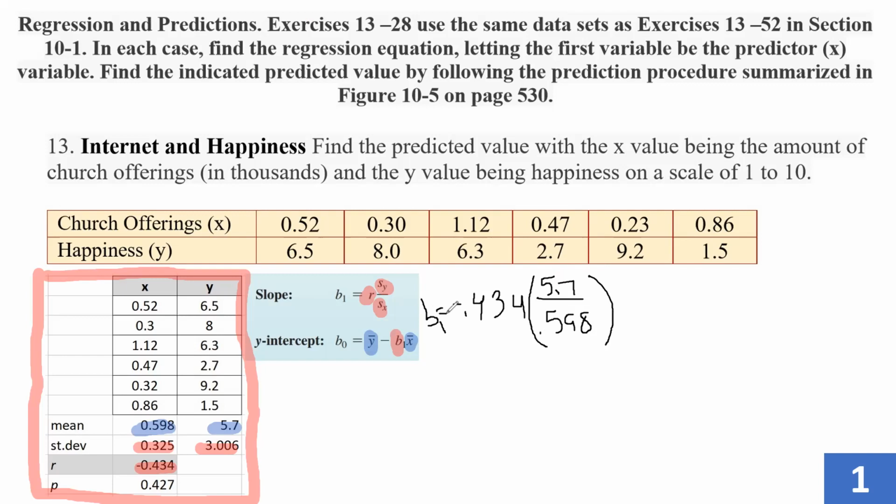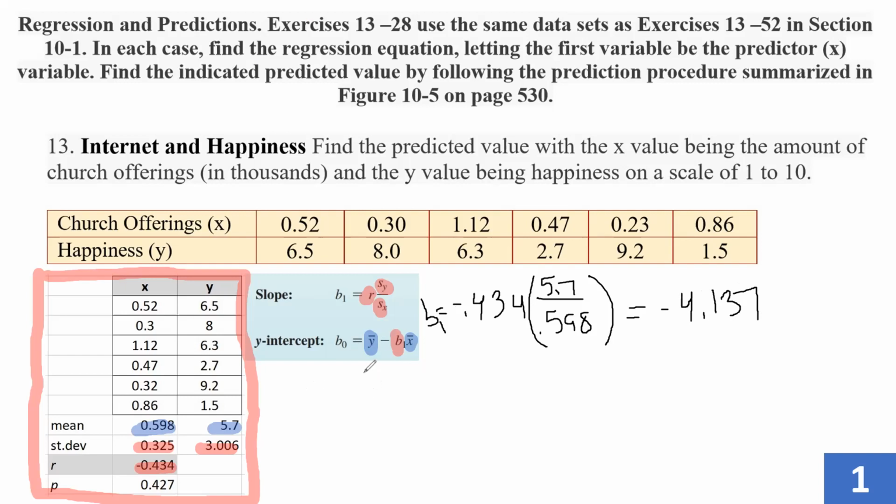I don't know how I got congested real quick. All right, so 5.7 divided by 0.598 times 0.434, negative, though. For my math, it looks like it equals negative 4.137.